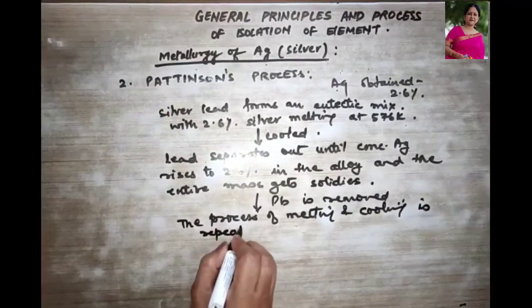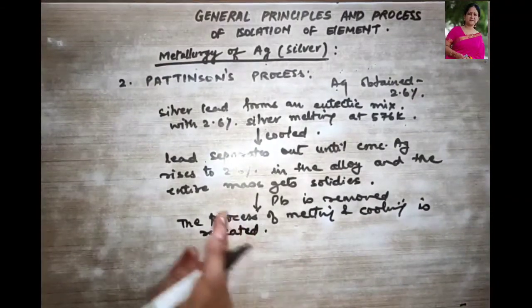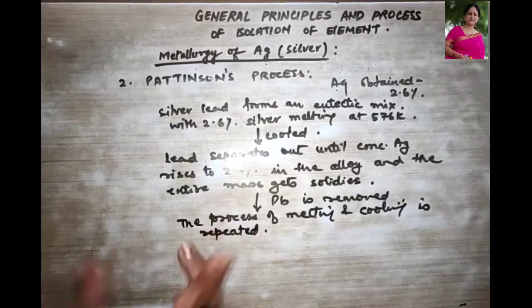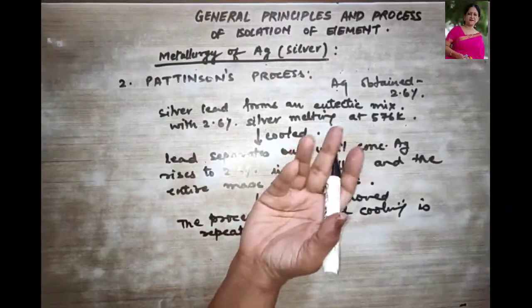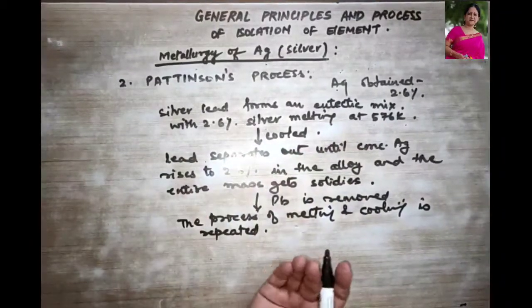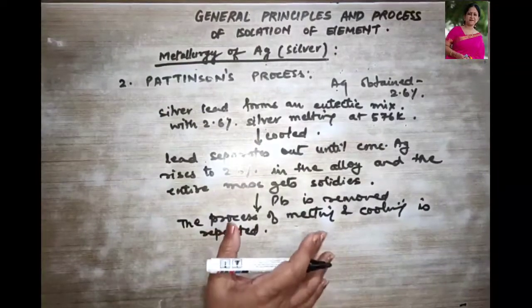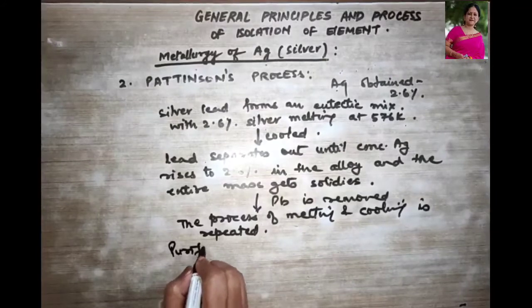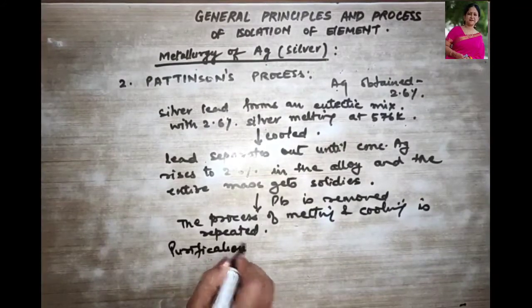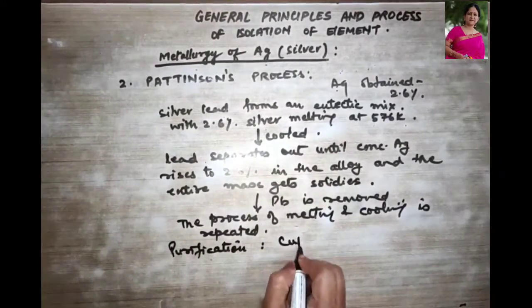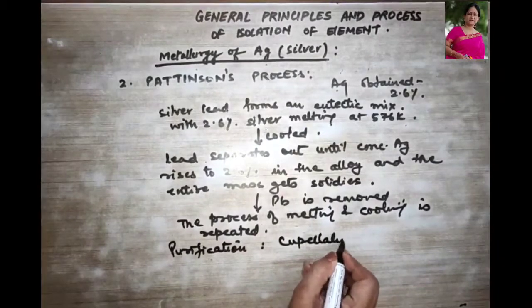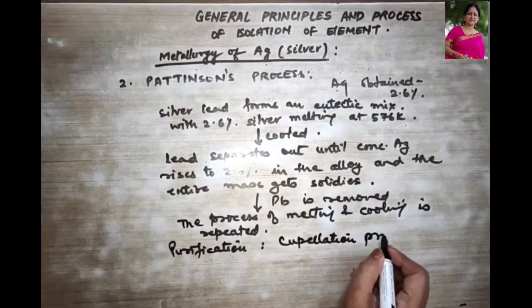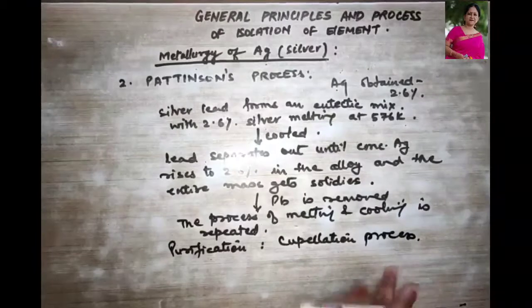Okay, so once the process is repeated several times till the entire mass does not get solidified, then that is your silver that is obtained. And again, for purification, what is the process that we obtain over here? Again, your cupellation process.